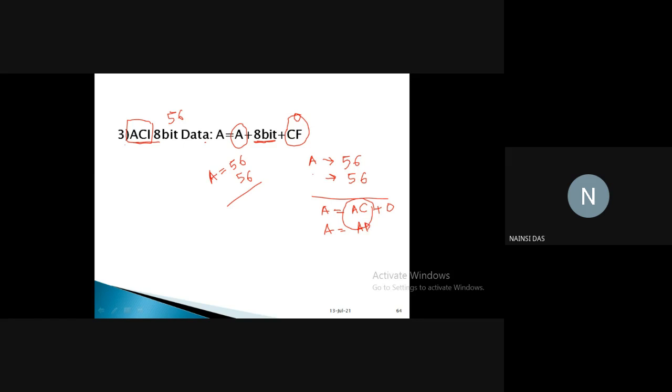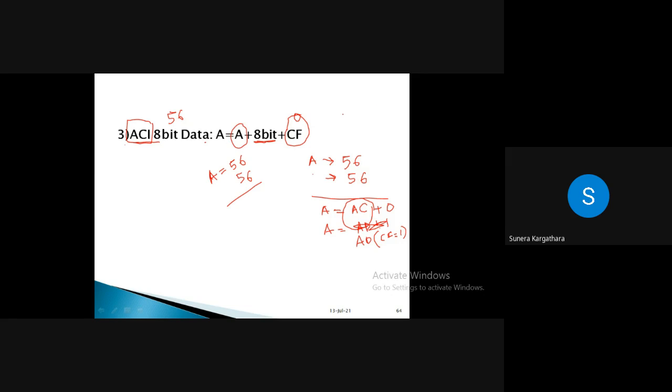If you remember, in the lab I had put one animation for carry 0 and carry 1. So AC plus 1 gives AD, and you need to mention that if your carry flag is 1, then you will find your answer is AD. So here you will find two conditions for your answer, considering carry 0 and carry 1.